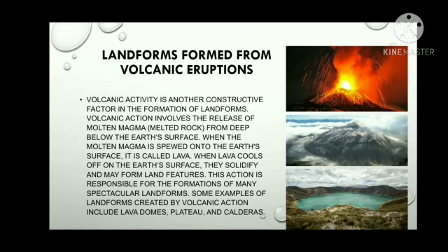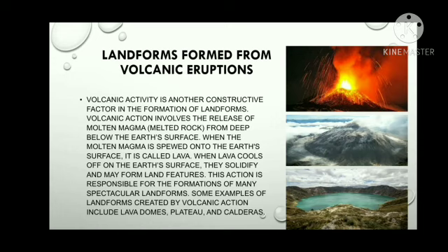Volcanic activity is another constructive factor in the formation of landforms. Volcanic action involves the release of molten magma, or melted rock, from deep below the Earth's surface. When the molten magma is spewed onto the Earth's surface, it is called lava.